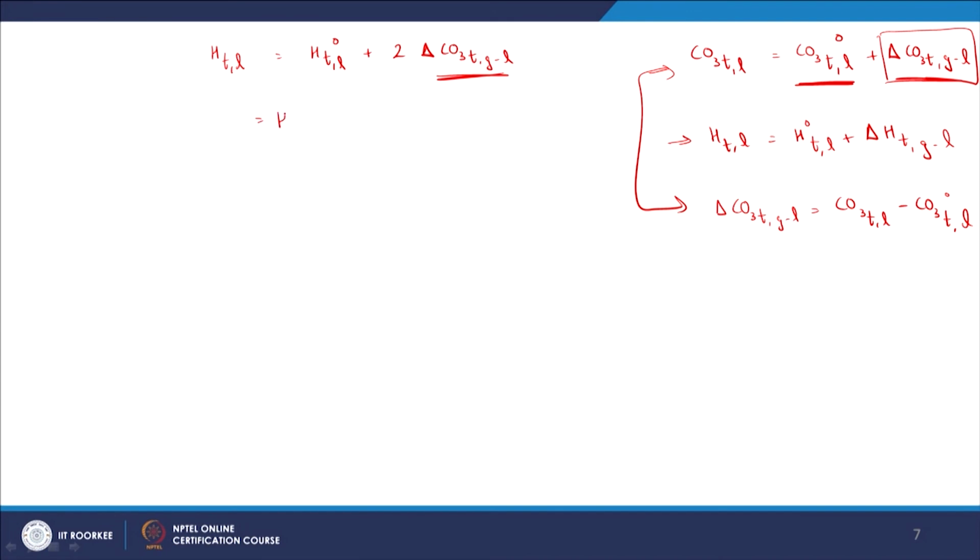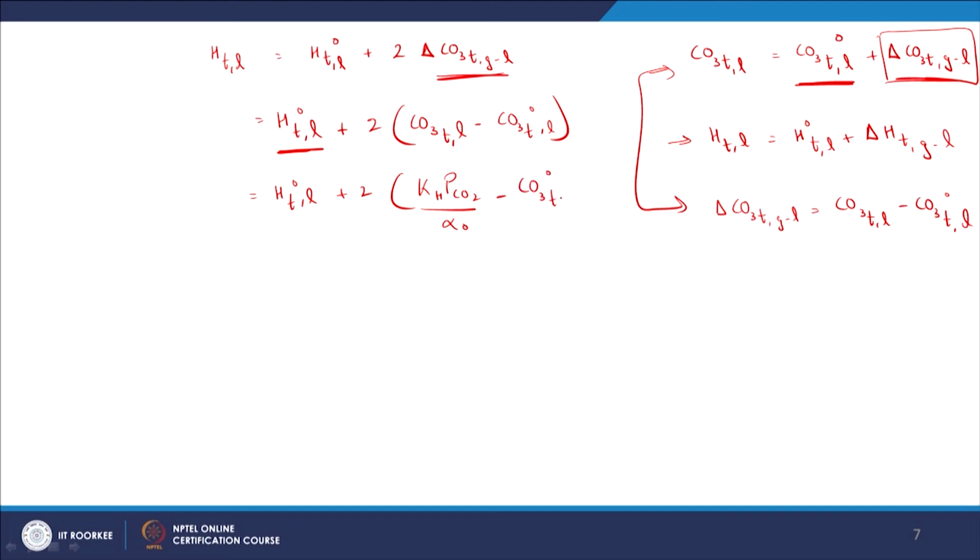That is going to be equal to H total initially in the liquid phase, which is something that you know, you know what you are putting in initially in your water, plus 2 times CO3 total liquid at equilibrium minus CO3 total initially in the aqueous phase. Again, that is going to be equal to H total initial in the aqueous phase plus 2 times, and how did we express this, kH into pCO2 by alpha naught minus CO3 total initially, pardon me, not equilibrium, initially in your aqueous phase.